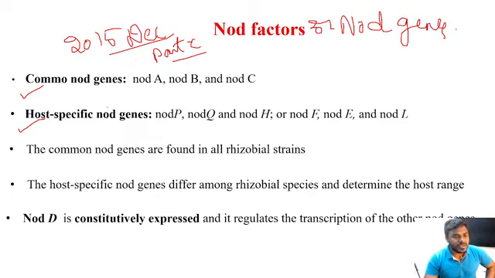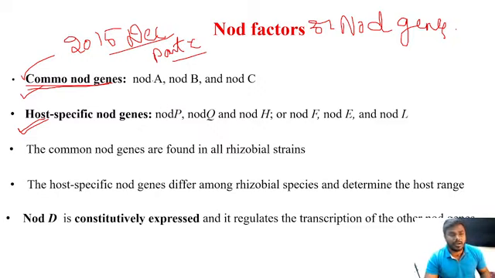If you ask me, sir, what is the difference between the common nod gene and host specific? The name itself indicates, friends, common nod genes are present in every single bacteria. Every bacteria contains the common nod gene. No doubt about it. Host specific nod genes, once again the name itself very clearly indicates, are very specifically present in a particular species only. What is the best example? You have to remember the example.